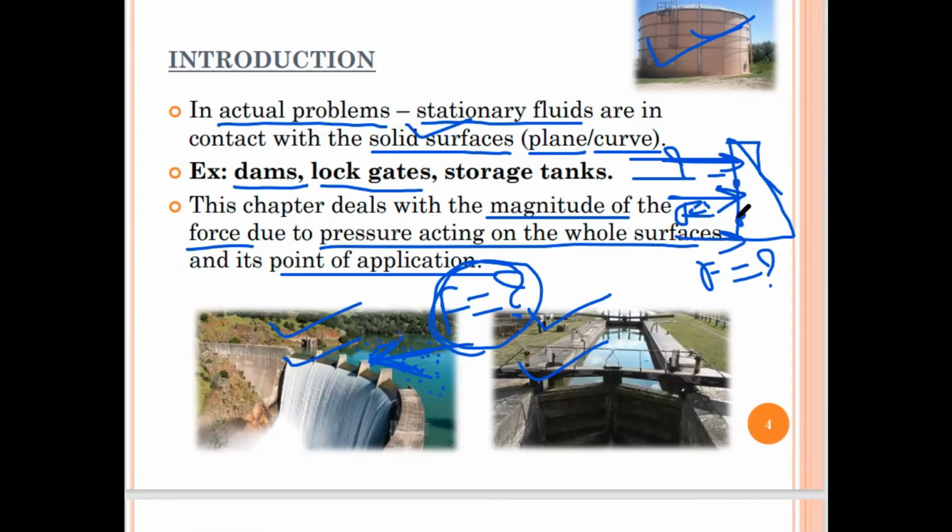That is the point of application of this force that we are going to calculate. So in this chapter you are going to study the magnitude of this force exerted by the fluid on the surface, and at which point this force will act.